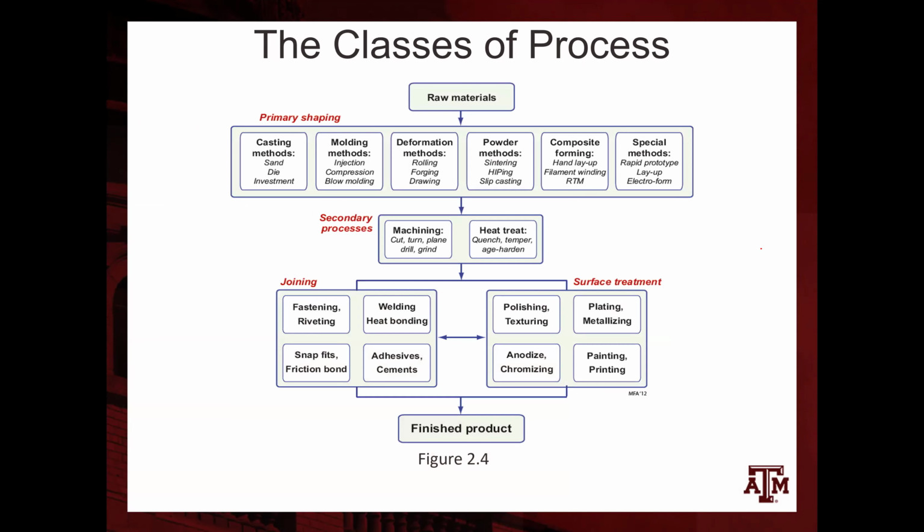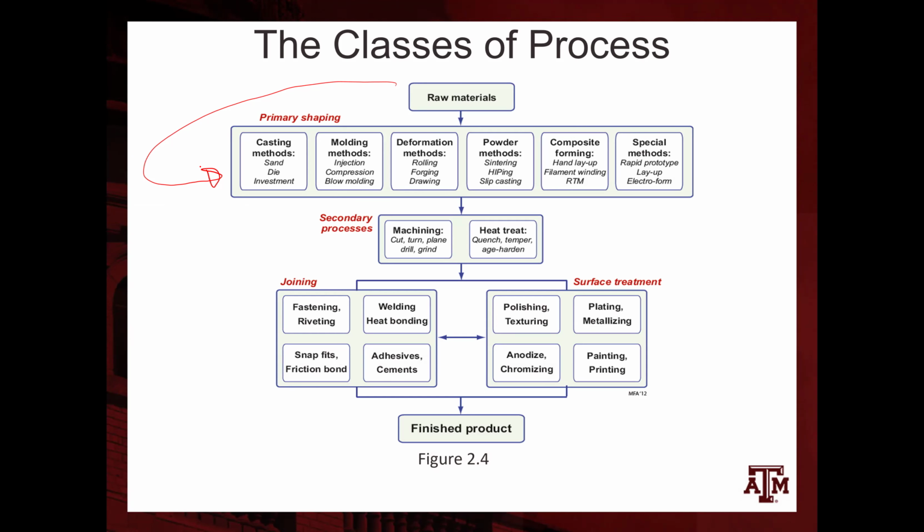So we start with raw materials and then we do some kind of primary shaping, which is basically to shape it in the desired form, and then we can use machining and heat treatment to either make this shape more precise or to change some of the properties with heat treatment.